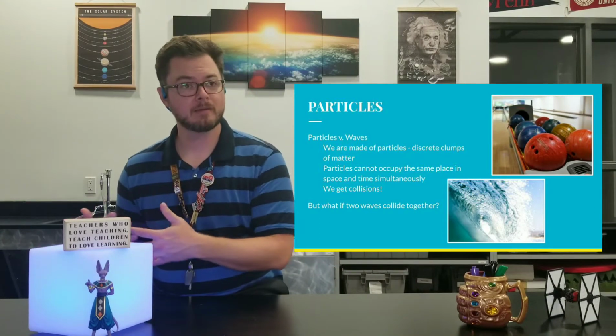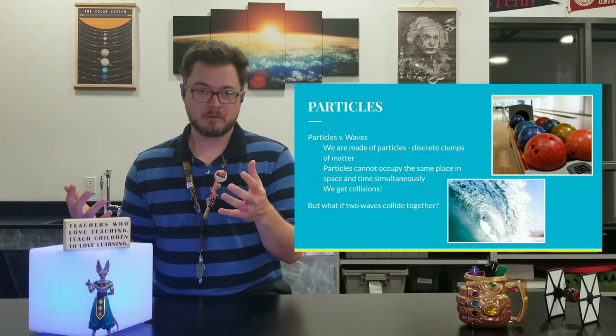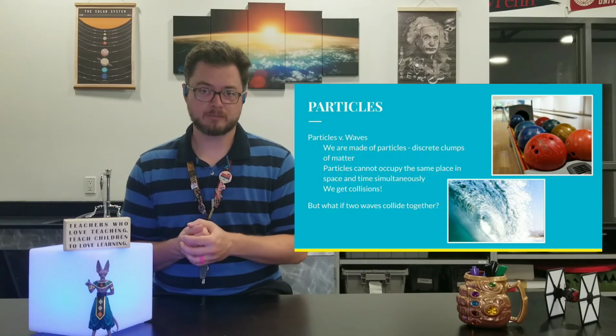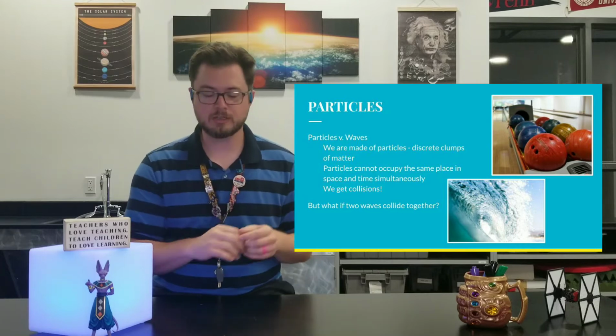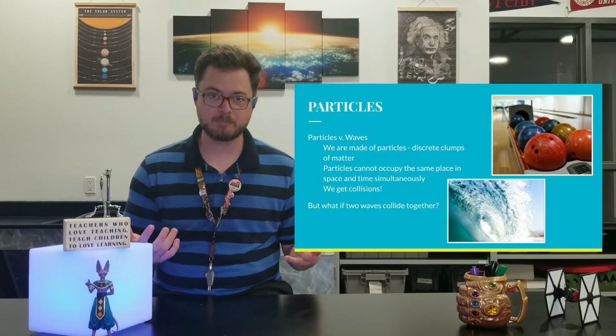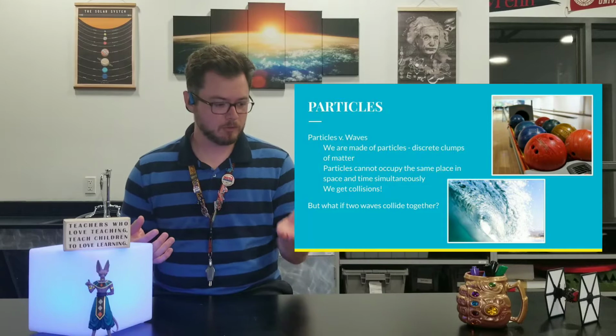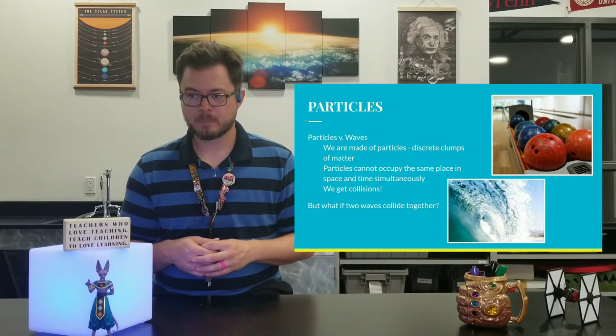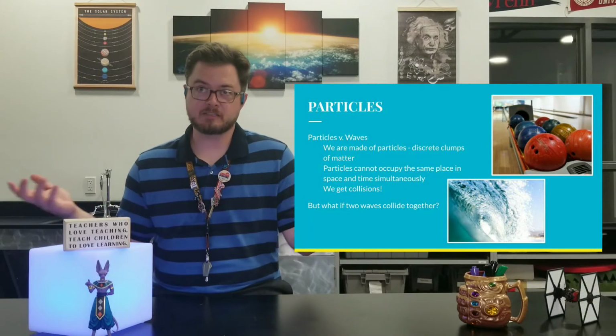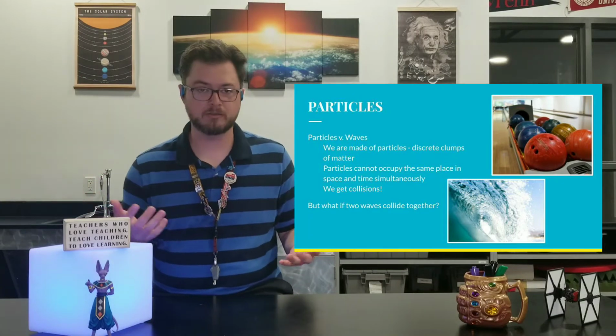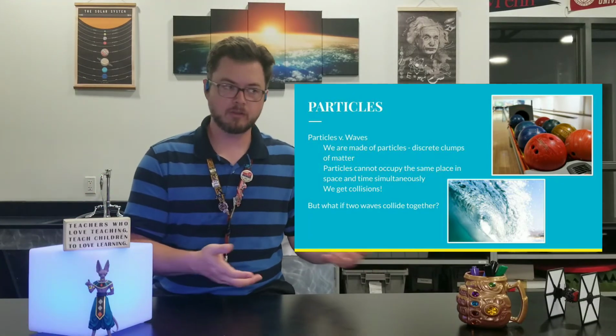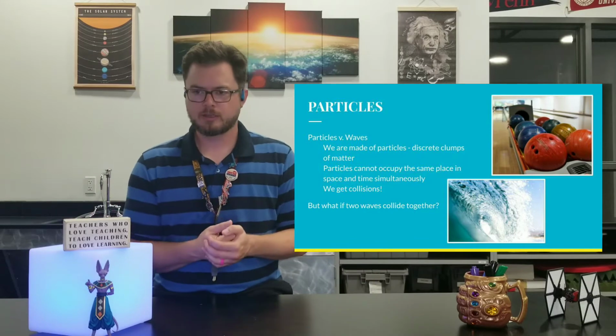So one thought a long time ago was that light was made of particles, that there were discrete little chunks of light coming out of any sort of light bulb or light source, like little bubbles of light. That would kind of make sense because everything around us is made of particles. Raindrops are particles, and yet they can form this kind of a cloud shape overall.